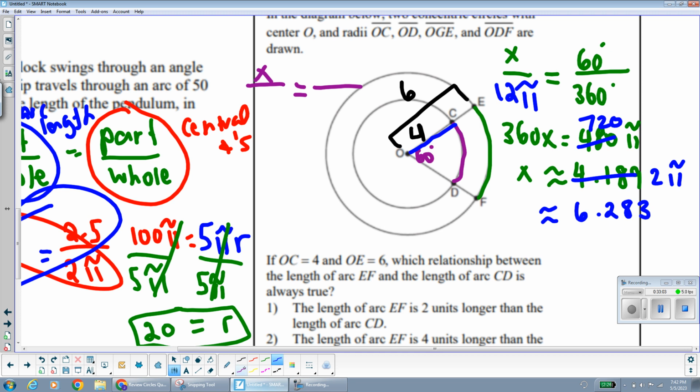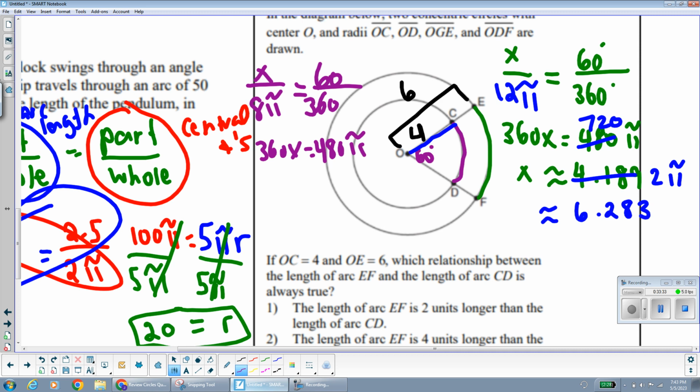Okay. 2 pi r, and this time I'm using 4. That's the radius of the smaller circle. So that would be 8 pi. And then the central angle over 360 degrees. So that would be 360x is equal to 60 times 8 is 480 pi.